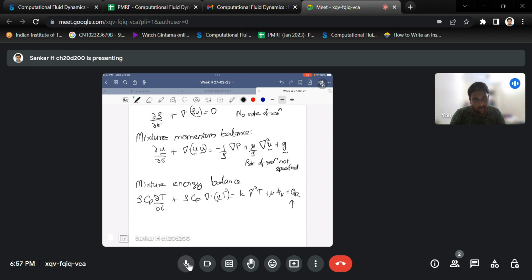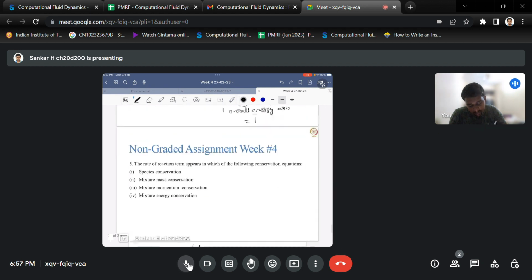And in this Qr, we'll be dealing with the heat of reaction, and that is actually dependent on the rate of reaction. Therefore, the rate of reaction appears here as well. Therefore, the correct answer is species conservation and mixture energy conservation. Mixture mass and mixture momentum conservation do not have the rate of reaction term.